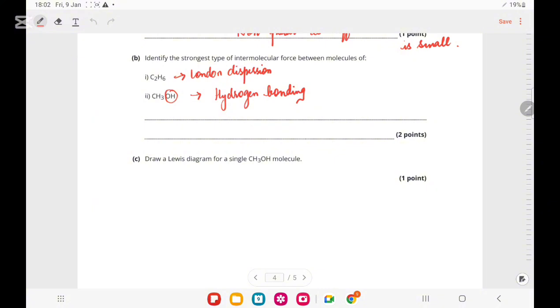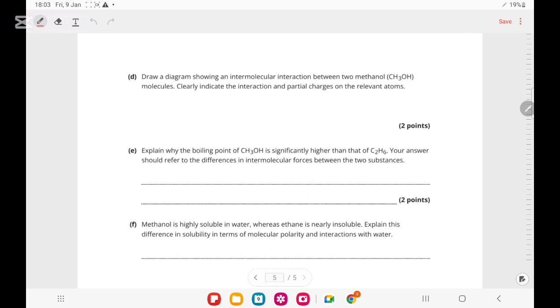In this question, they ask us to draw the Lewis diagram for CH3OH. It is going to be oxygen having lone pairs on it, bonded with hydrogen. So this is the Lewis structure. Then we have to draw a diagram to show the intermolecular force between two methanol molecules. The intermolecular force present between two methanol molecules is hydrogen bonding.